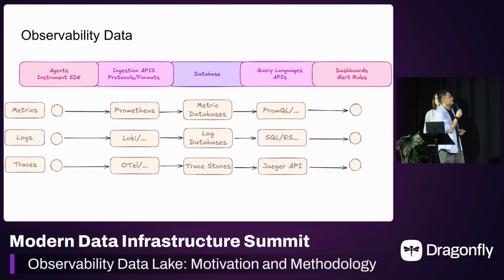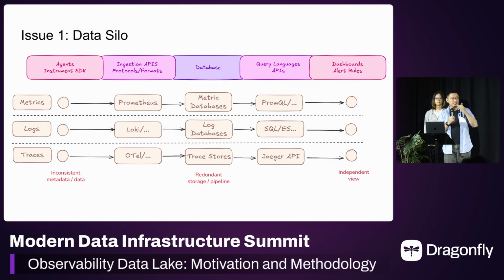In observability, due to historical reasons, there are 3 types of data: the metrics, the logs, and the traces. Each type has its own data pipeline going through this V model. They have their own protocols, their own database and their own applications.